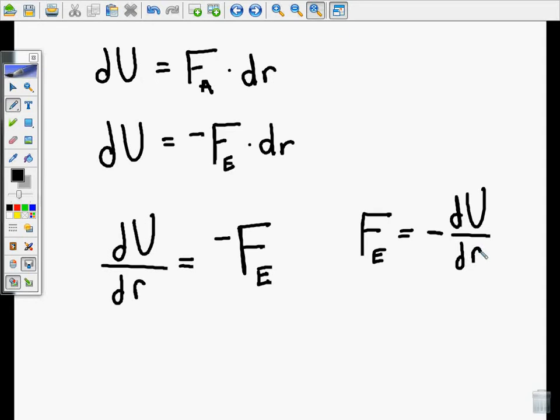But we know that electric force is a vector quantity, and the potential energy function, of course, is a scalar. So this is in the direction of r. So you put in a unit vector right here, r hat.